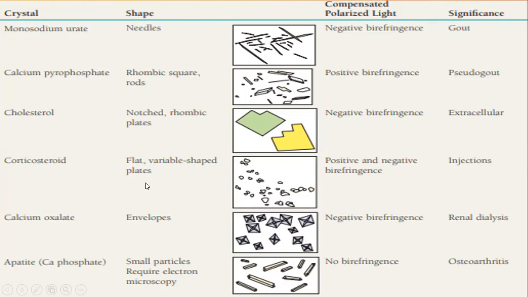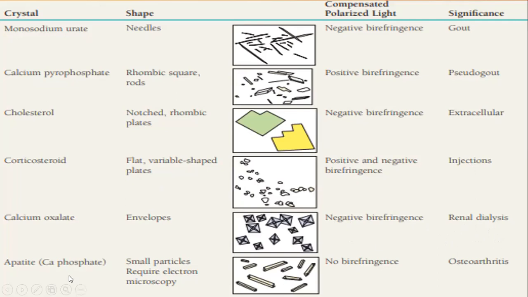Your corticosteroids would appear as flat or variable-shaped plates, maybe with positive or negative birefringence, usually seen when you inject corticosteroid. Your calcium oxalates would appear as envelopes, the same appearance as in urine, but with negative birefringence, usually seen in patients undergoing renal dialysis.